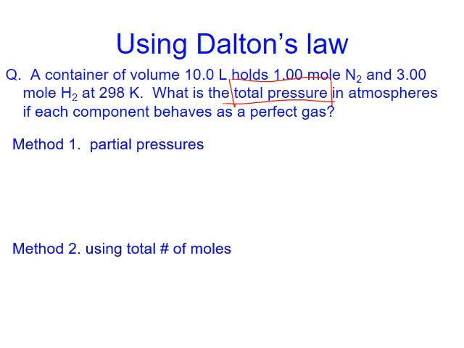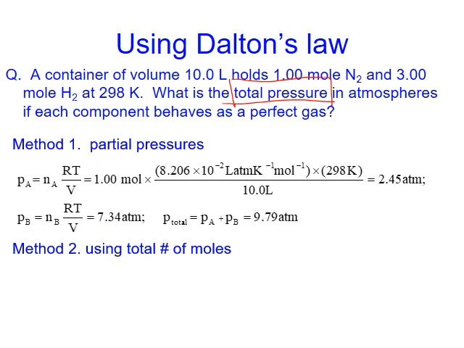So the partial pressure can be calculated as if there's only one gas in it. The partial pressure of A is the number of moles of A times RT over V, and that gives you 2.45 atmospheres. Similarly, you calculate the partial pressure of B, you get 7.34, and then you add them together.